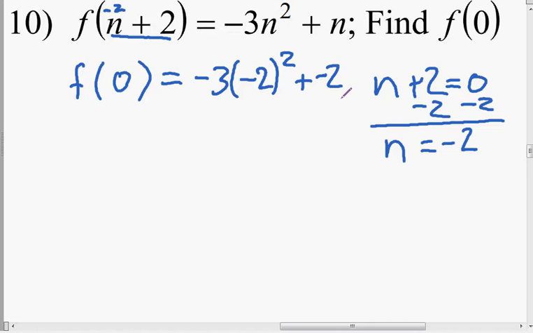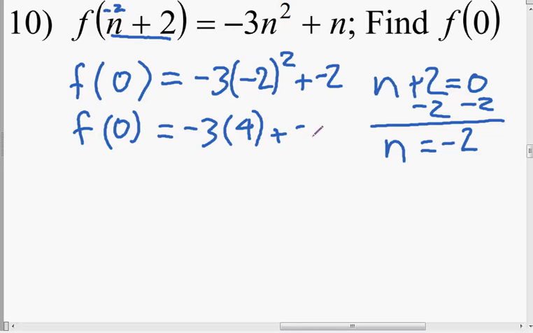Negative 2 squared, negative 2 times negative 2 gives me positive 4, because a negative times a negative is a positive. So I get negative 3 times 4 plus negative 2.